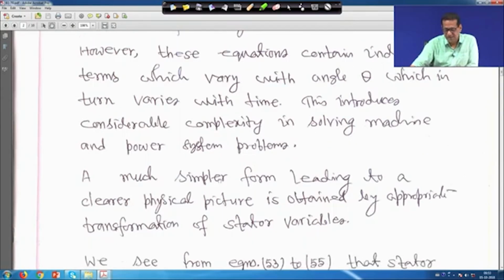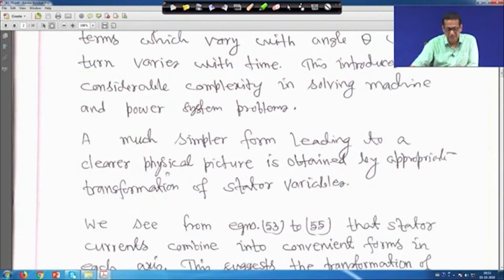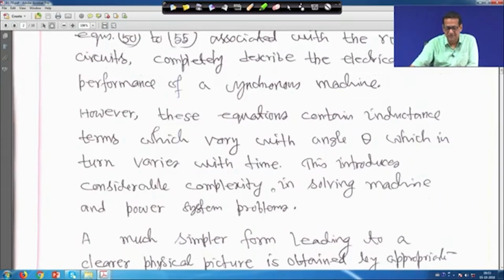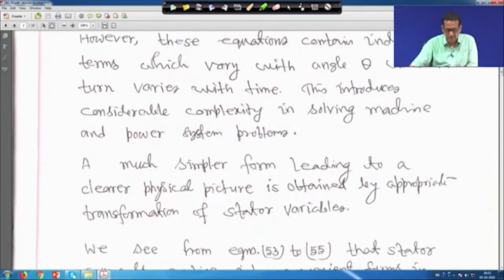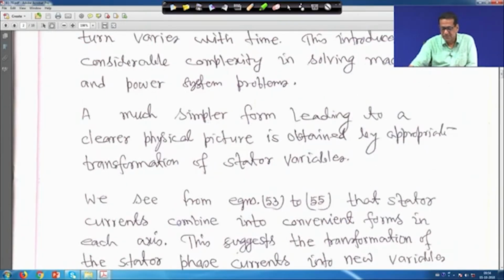Therefore, a much simpler form, leading to a clearer physical picture, is obtained by appropriate transformation of stator variables. The physical significance of this dq0 transformation, an elaborate explanation will be given after doing this, right.